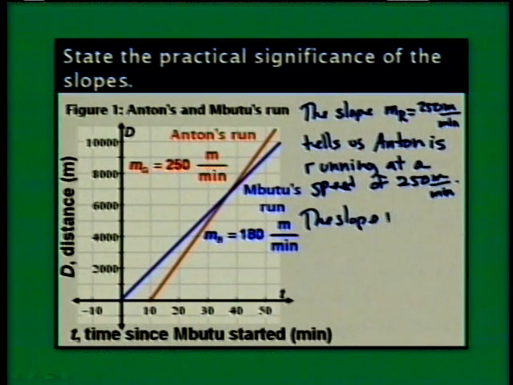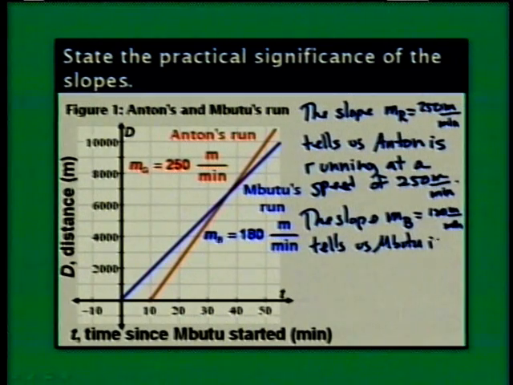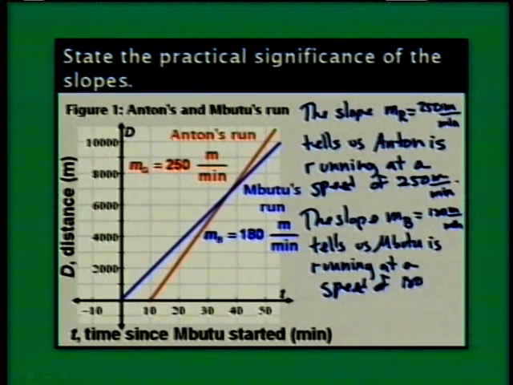The slope m sub b equals 180 meters per minute tells us Mobutu is running at a speed of 180 meters per minute.